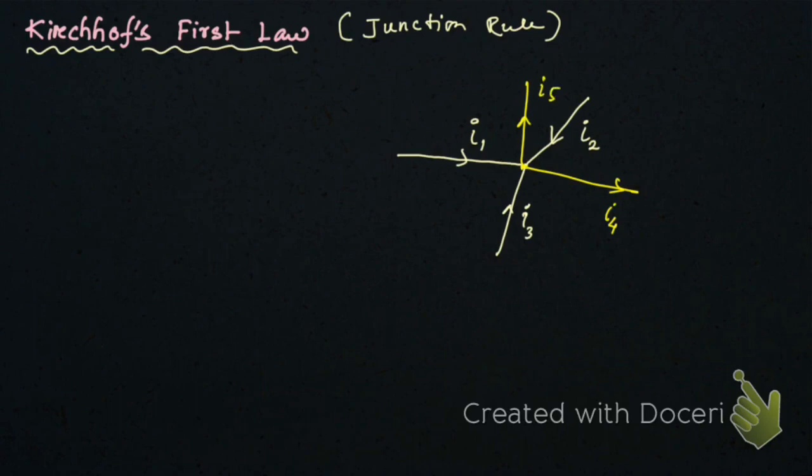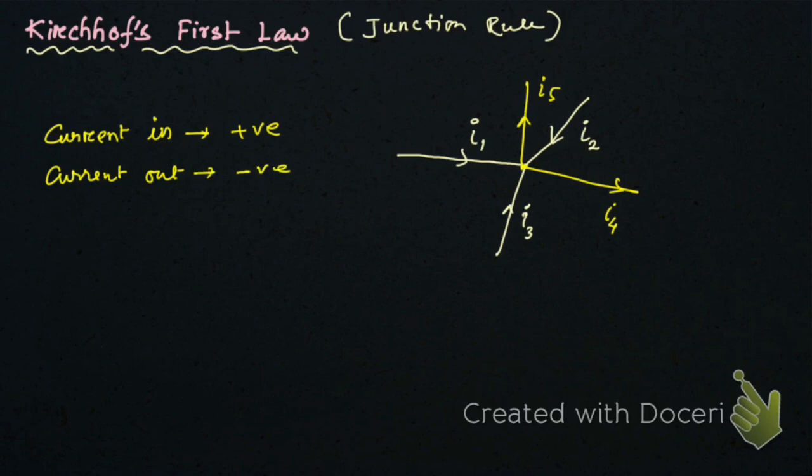So let me take current in, suppose positive, and current out is negative. Then according to the junction rule or Kirchhoff's first law, the algebraic sum of these currents at the junction is 0. That means current in, that is I1 plus I2 plus I3, and current out should be taken as negative.